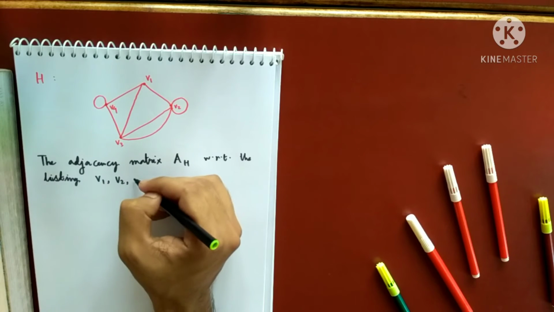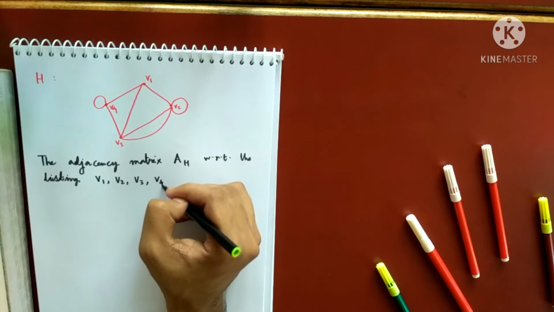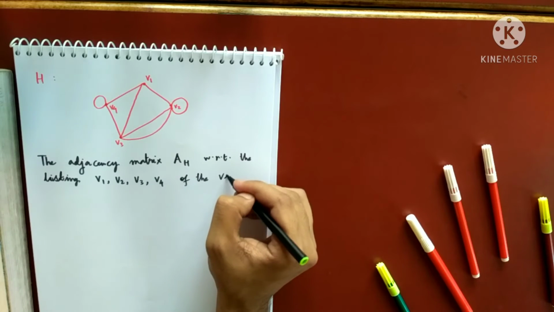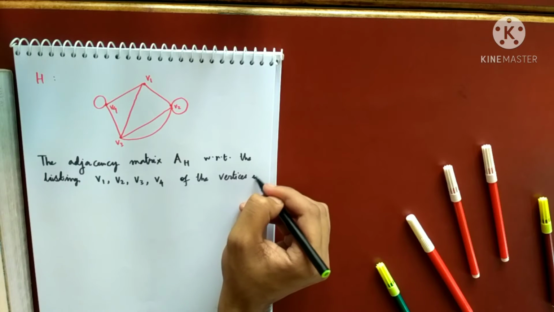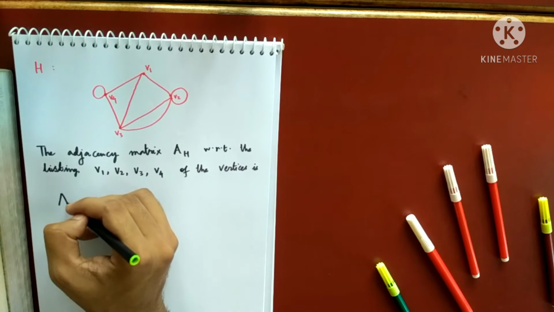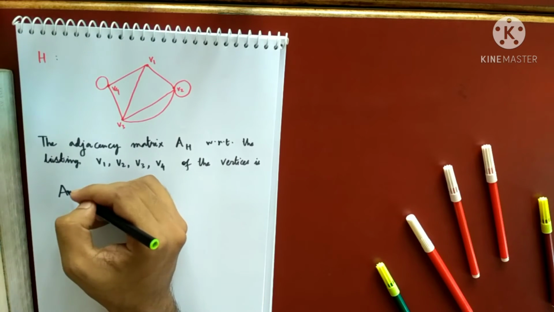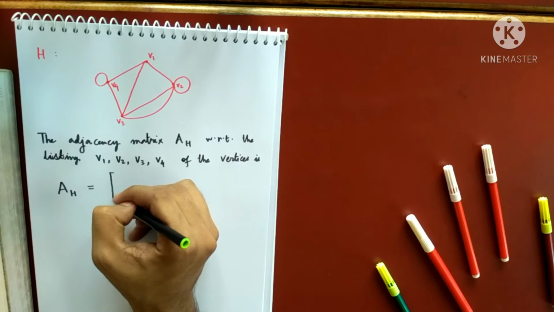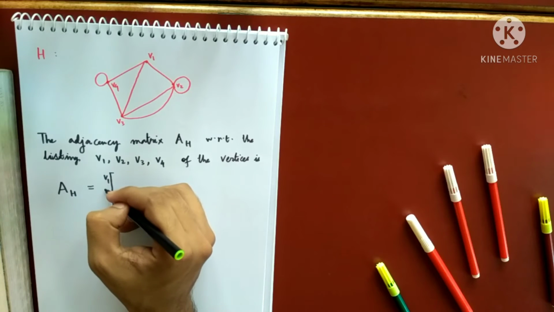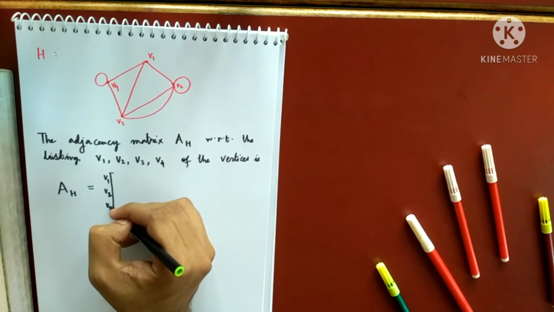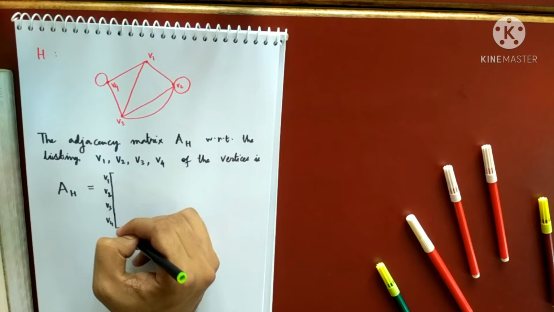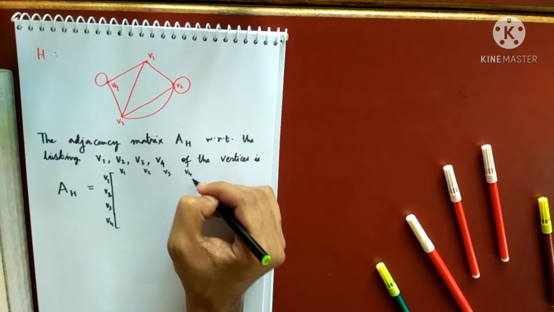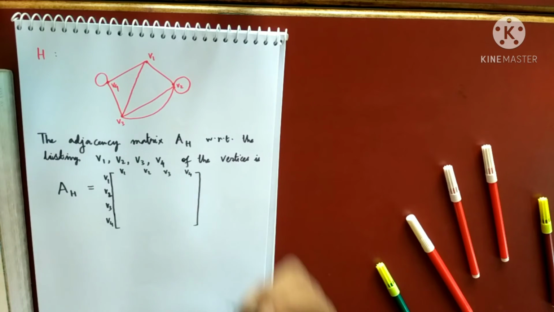I am taking this listing, you may take a different listing, doesn't matter. You can also write A in bracket H, that is also allowed. It will be a 4 by 4 matrix, with v1, v2, v3, v4 along rows and columns. So let's see what happens.